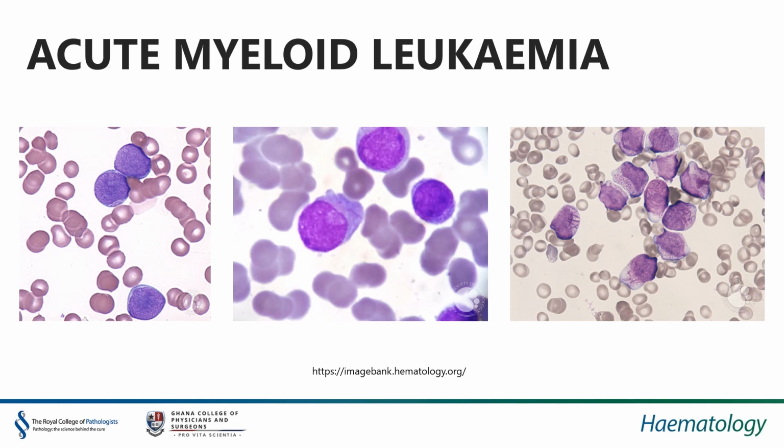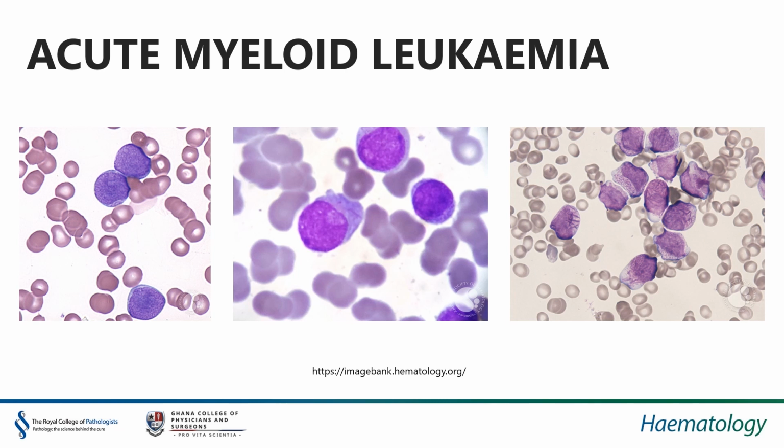These are only small parts of the wider integrated diagnostics in acute myeloid leukemia. So where there may be some correlation, morphology and phenotype should not be used as a substitute for genetic studies. So let's look at acute myeloid leukemia.